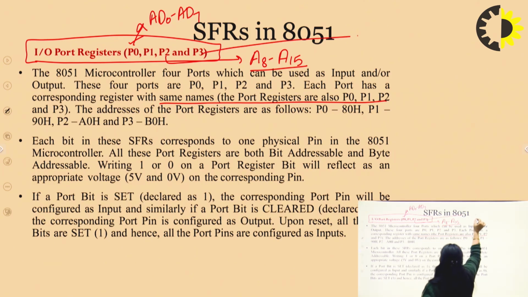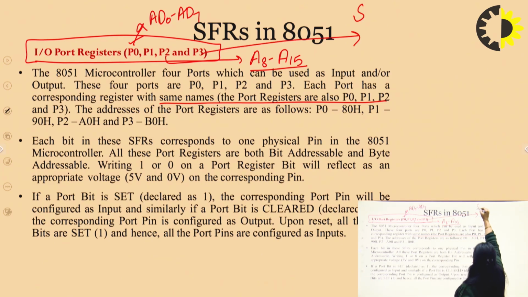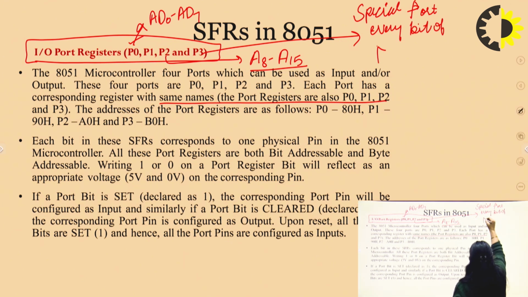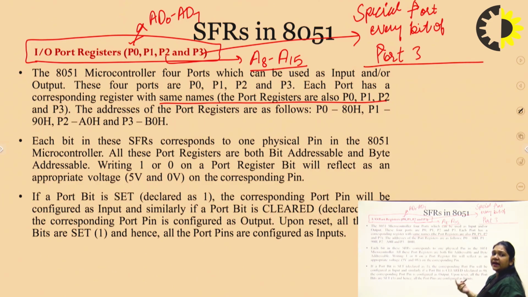P3 is the most special port, because every bit of port 3 is assigned a different function. And port 1 is the only port in the 8051 microcontroller which acts only as an input output device, nothing more than that.